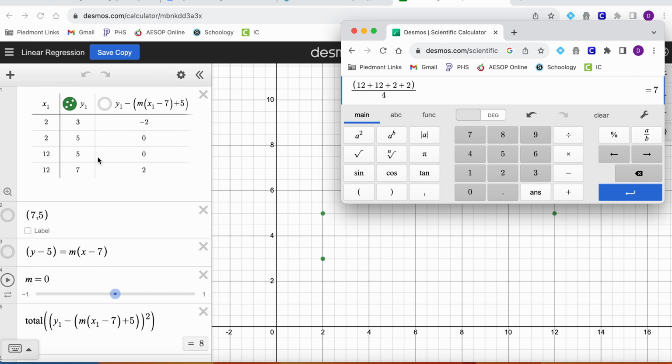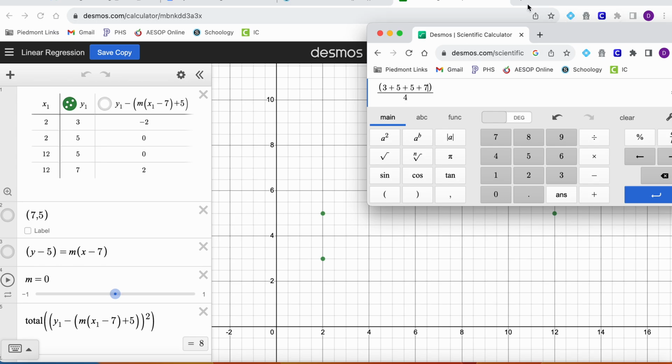Then if I average the y values, 3 plus 5 plus another 5 plus 7, the average there is 5. So the x's averaged out to 7, and the y's averaged out to 5.